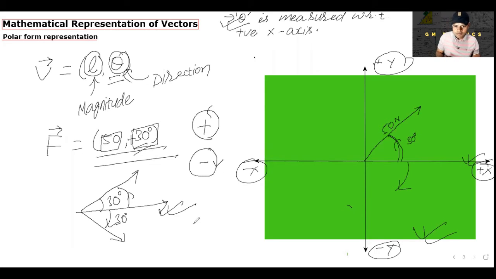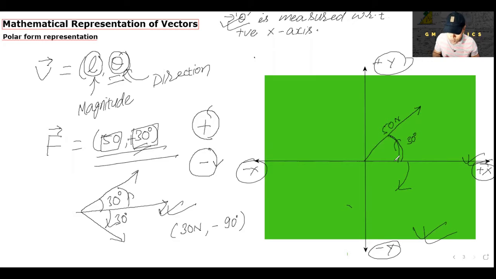If it is given, for example, let's say 30 Newton, minus 90°, let's say. Minus 90 means in clockwise sense you have to move. By what angle? 90°. What is the magnitude of the vector? 30 Newton.